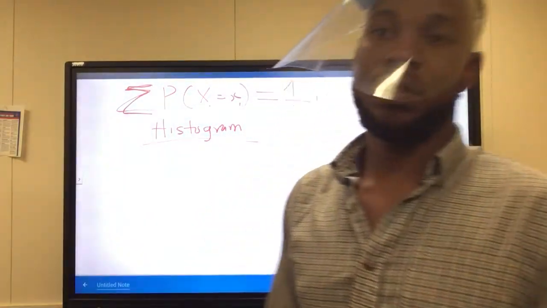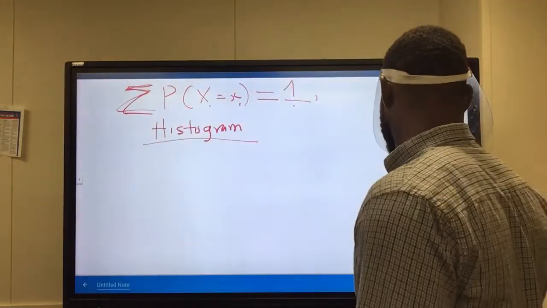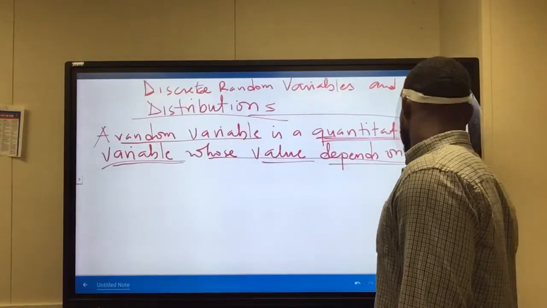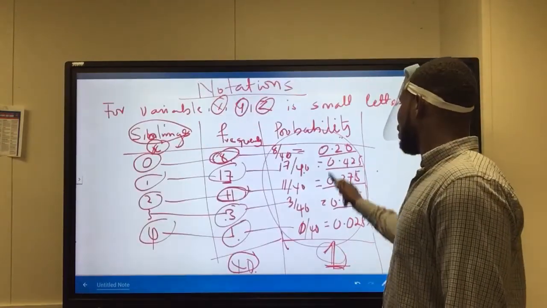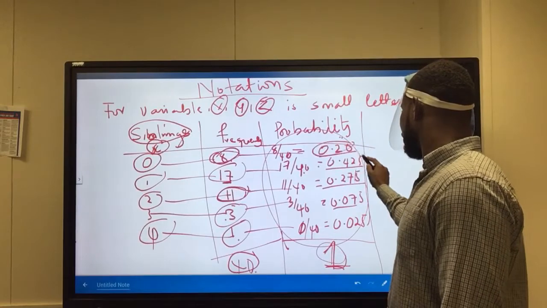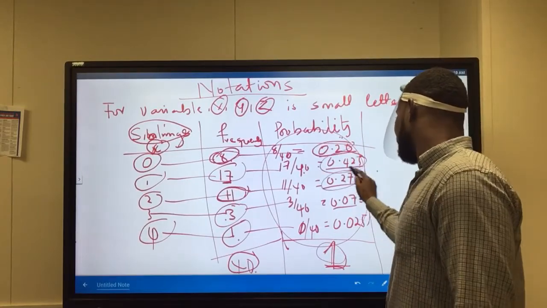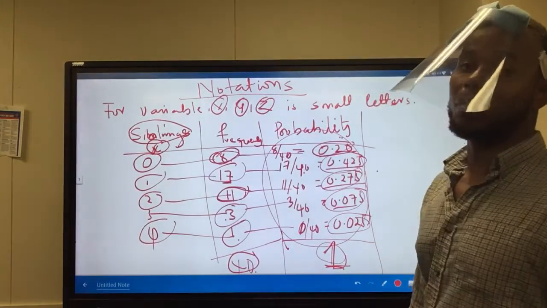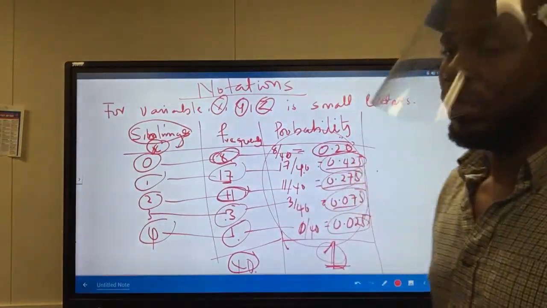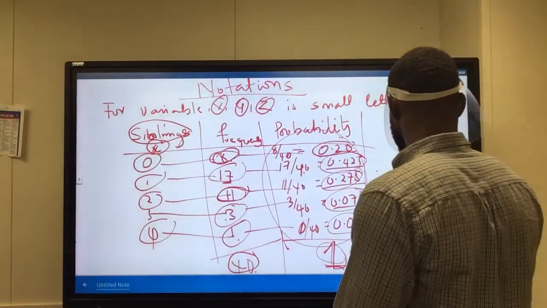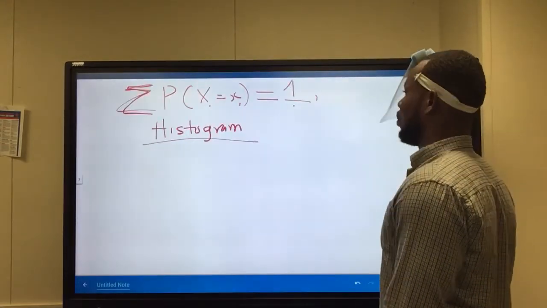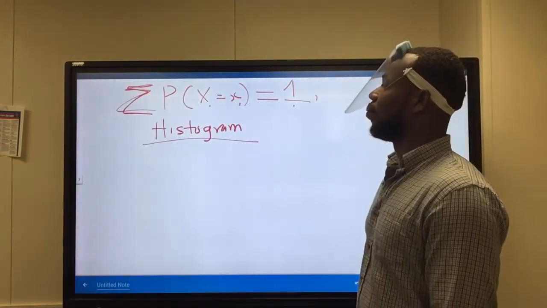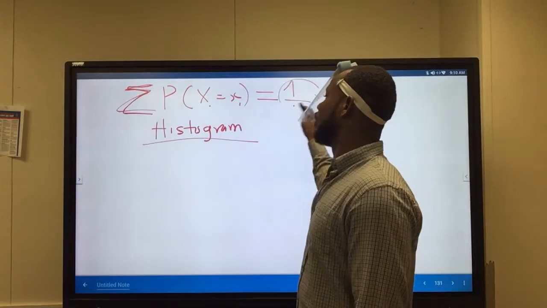Summation of all those probabilities, like in the example: you add 0.2, 0.425, 0.025, and all of these, and you are supposed to get 1. So sum all of them and you get 1.